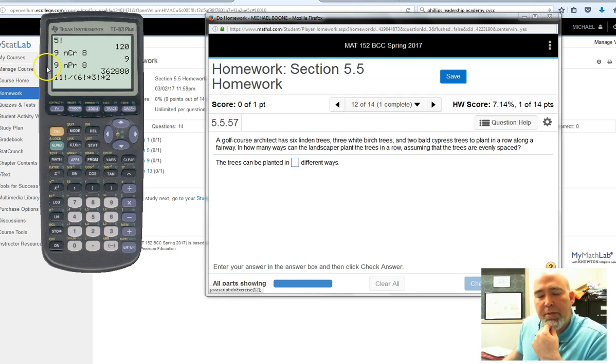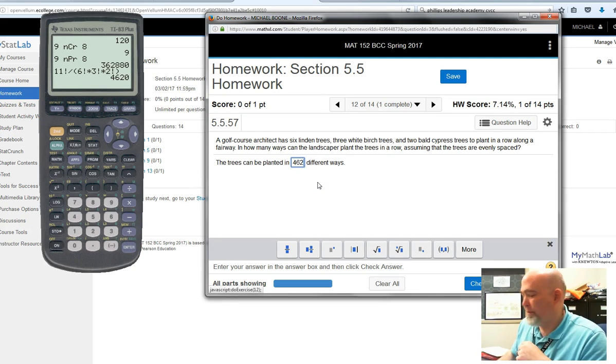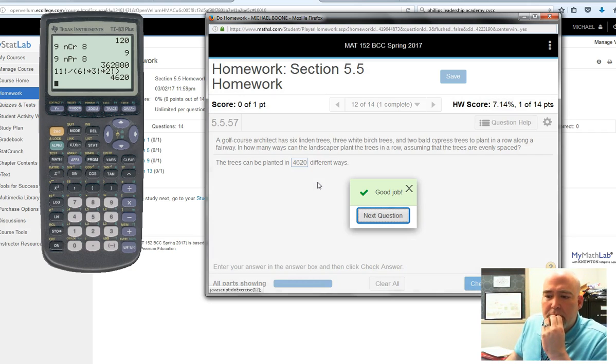You take the total amount that you have and you divide by the product of all the multiplicities of them. And in this one I get 4620. So these are the distinct ways that I can maneuver these trees along the fairway. But it's using the formula for distinct permutations. I said non-distinct earlier. Distinct permutations.